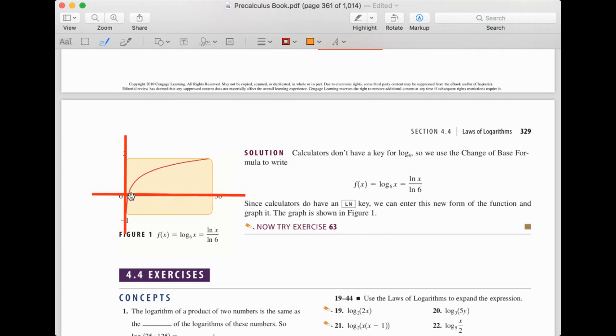A log function goes through the common point (1, 0), and goes down as x gets closer to 0, with the y value getting closer to negative infinity. And at the top, as x gets bigger, the y value also gets bigger.